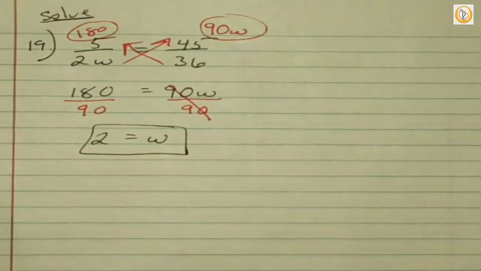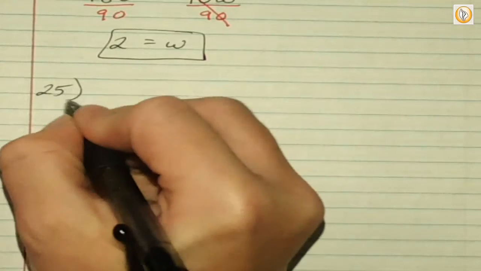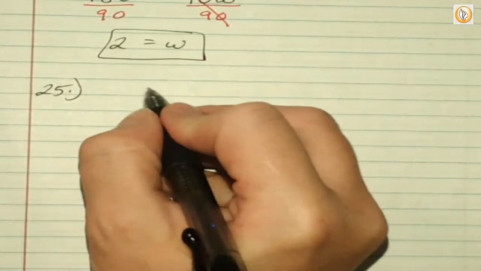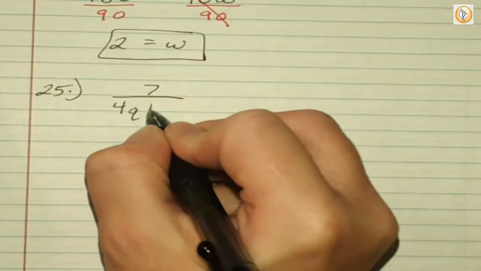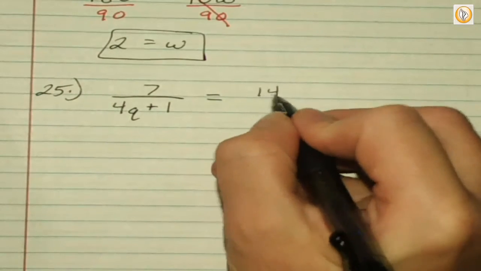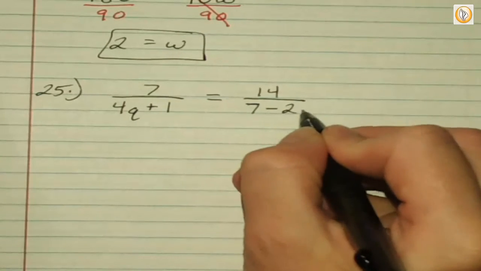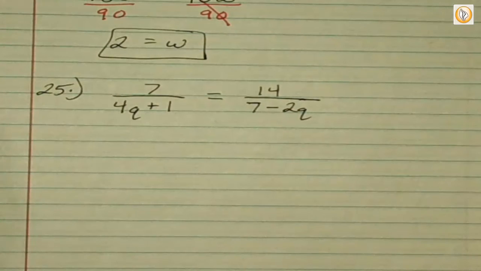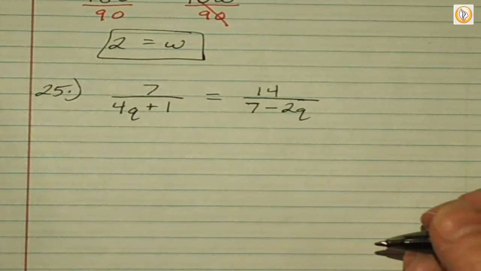Oh, I forgot we could use calculators. All right, y'all ready? Look at 25. 7 over 4q plus 1 equals 14 over 7 minus 2q. These are still 2 proportions.